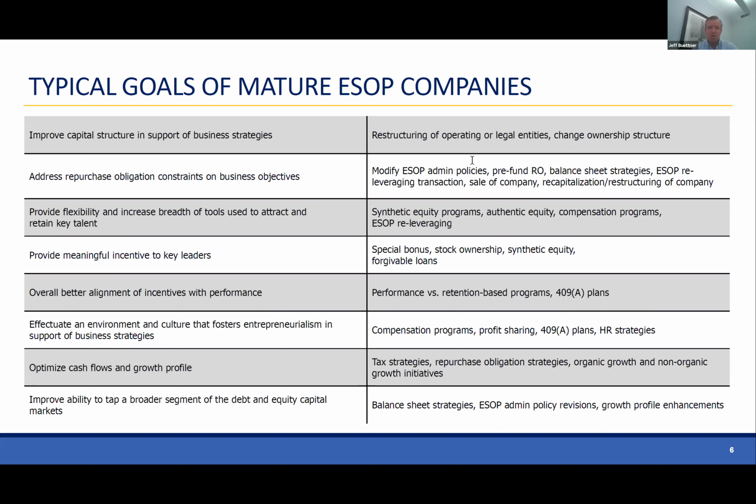It can be a hybrid security, maybe something like a convertible preferred security that does not necessarily add just another element of debt. And maybe that helps the organization address repurchase obligation, allows it to address growth initiatives, organic growth, internal investments into operational efficiencies, modernizing facilities, and all at the same time pursuing acquisitions.